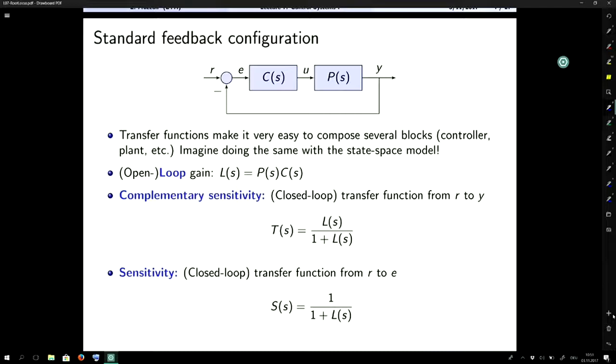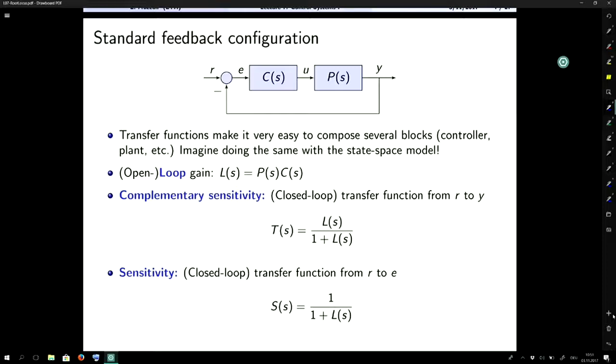But when we talk about the loop gain, it is what you would get if you imagined a different system where you don't have the feedback connection, like a feed-forward system only. You cannot say that this thing has an open loop part and a closed loop part. The whole system is closed loop or open loop.